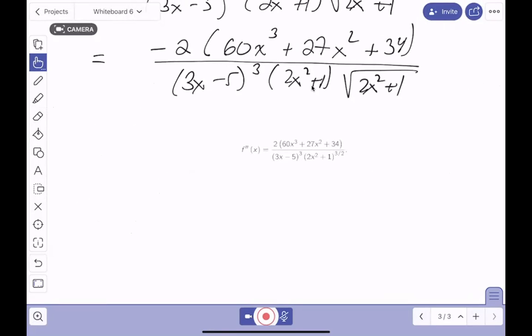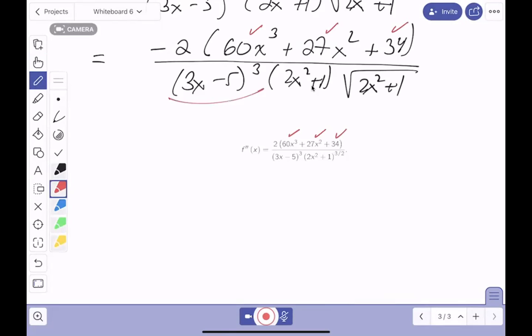And I think I made a mistake somewhere, but I got really close. 60x cubed, 27x squared, plus 34, (3x minus 5) cubed, and this over here is (2x squared plus 1) to the 3 halves. I notice I'm missing a sign there, though. You see that?